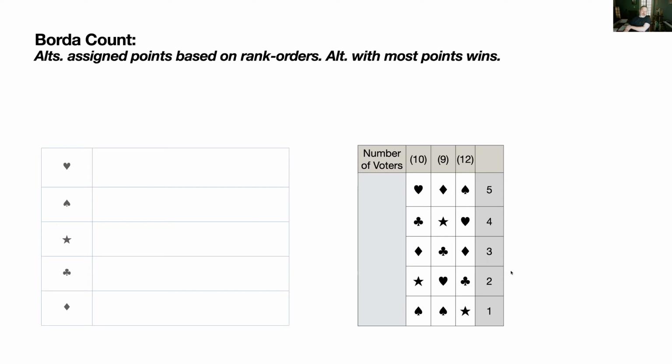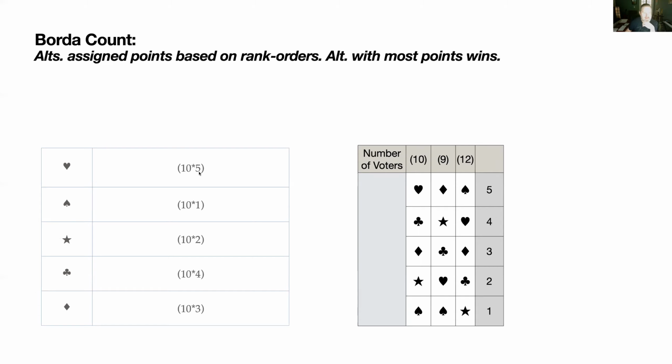I like 5, 4, 3, 2, 1 because I'm not a computer scientist. I don't like starting to count at 0. I like to start counting at 1, right? So that is the way I'm going to do it. So now I'm going to go group by group, all right? I'm going to say, what are the points that group 10 is giving to hearts, spades, stars, clubs, and diamonds?